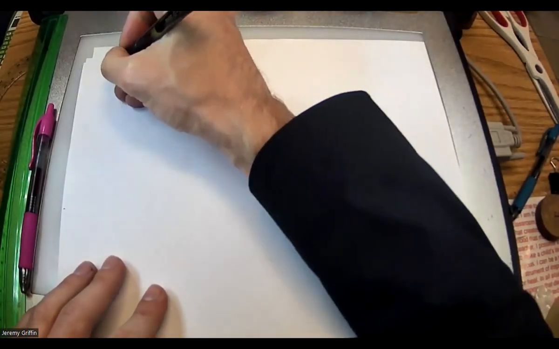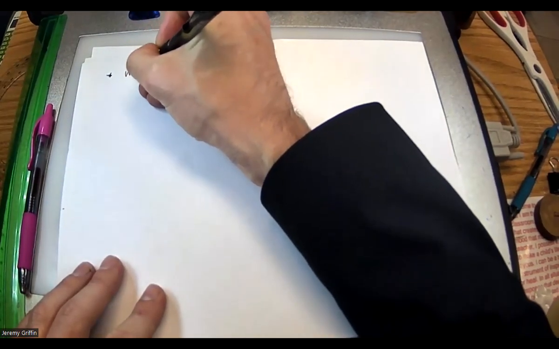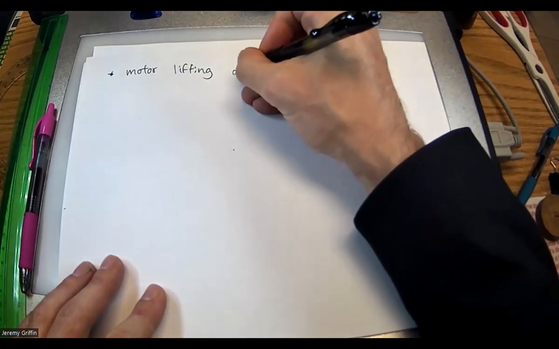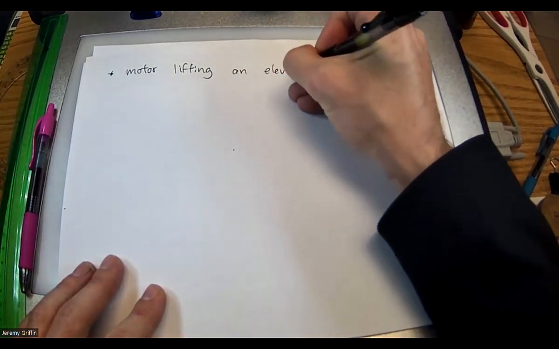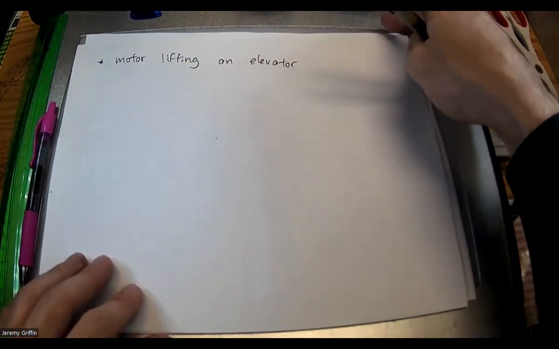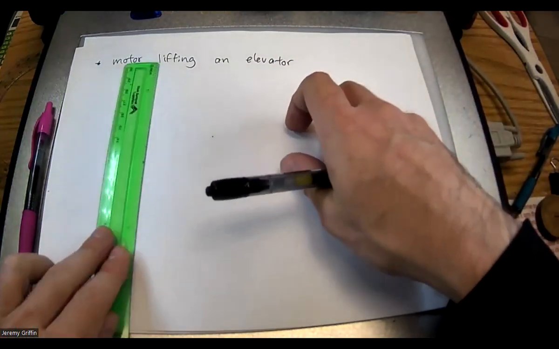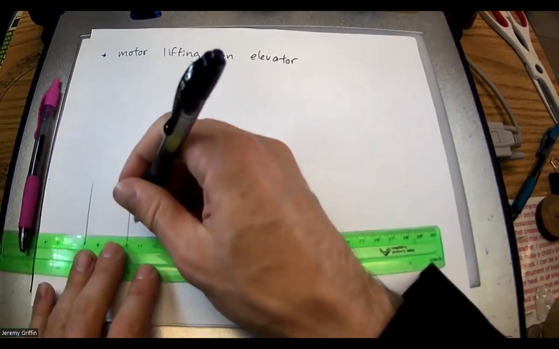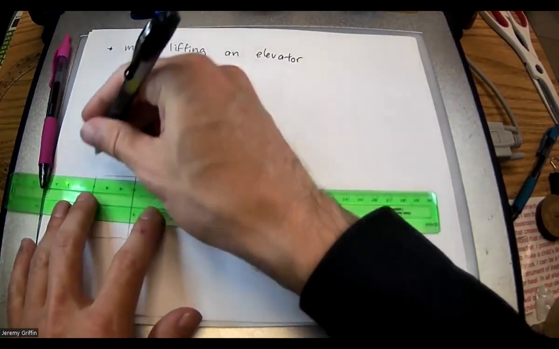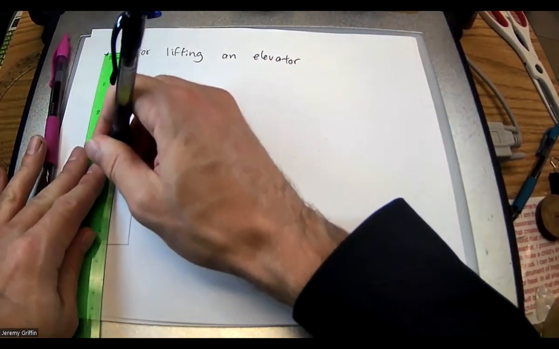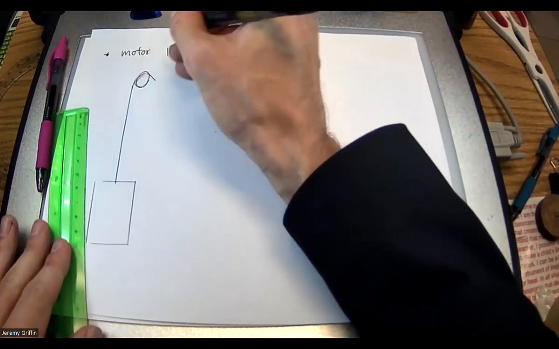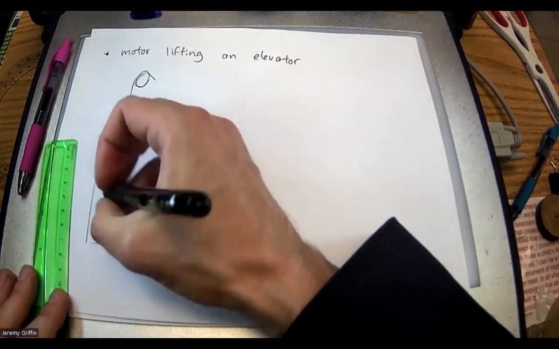So, example: let's have a motor lifting an elevator. Draw this out here. We've got an elevator with a cable up the elevator shaft, and at the top maybe there's a motor pulling the elevator up.